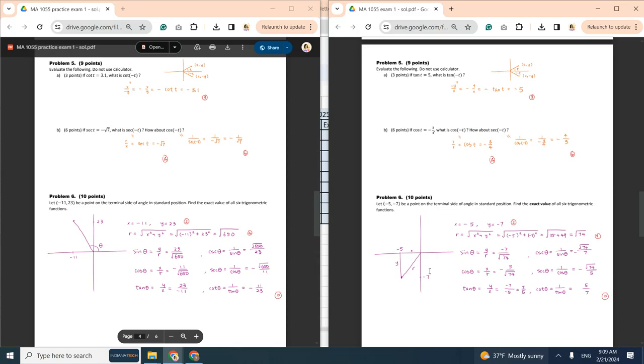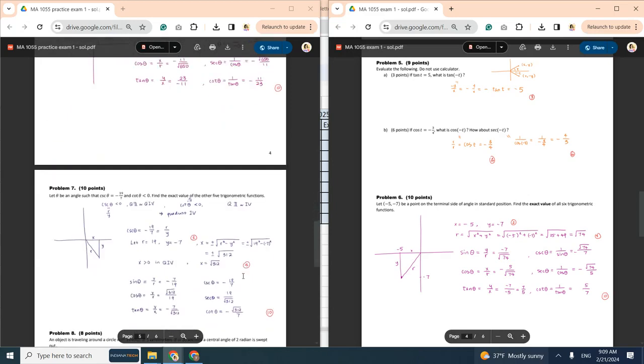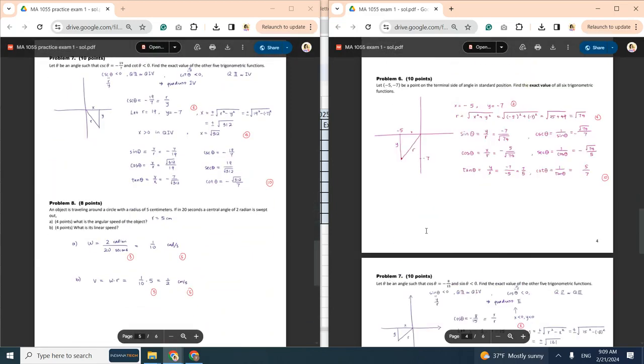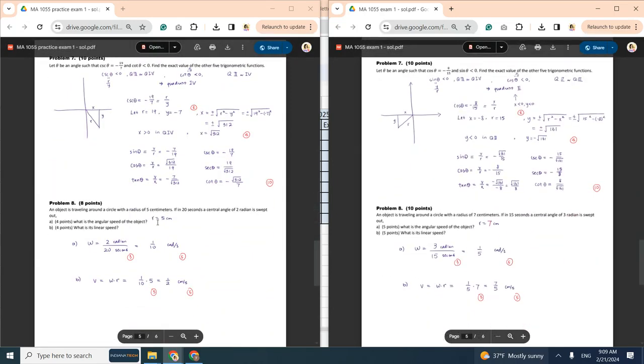No. So once you use your calculator and get a bunch of decimals, that's not exact anymore. You round your answer. So if the problem says exact value, do not use your calculator. Okay, and then the next problem.